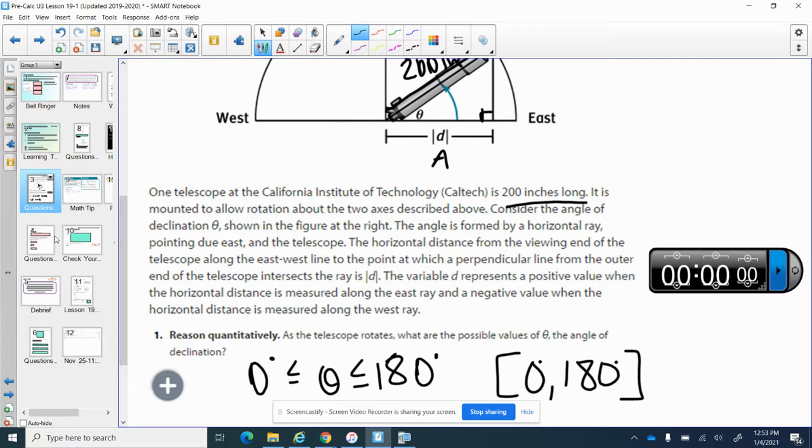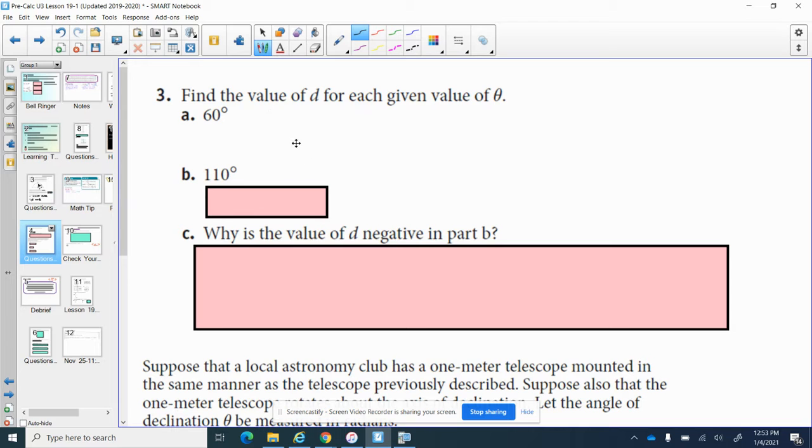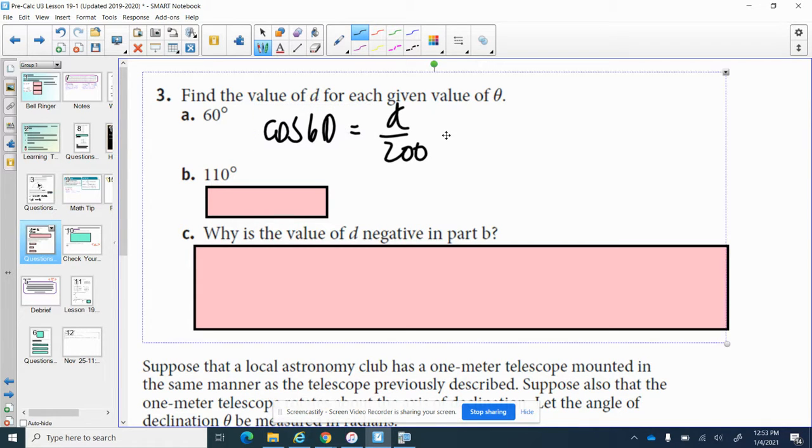If we look on the next page to find these given values, if we were looking at different values of theta, we could start calculating these values. So cosine of 60, if that's our theta, equals d over 200. We can figure out that distance by multiplying both sides by 200.